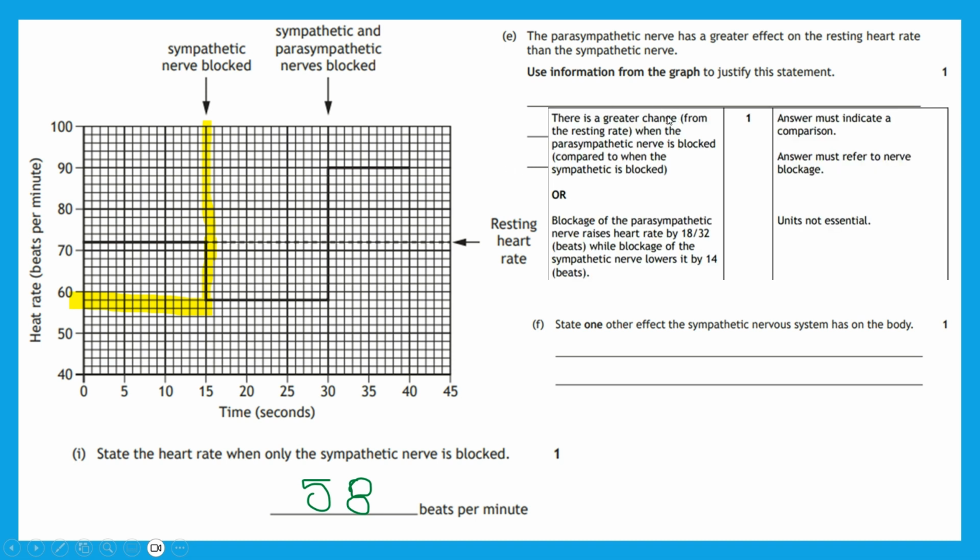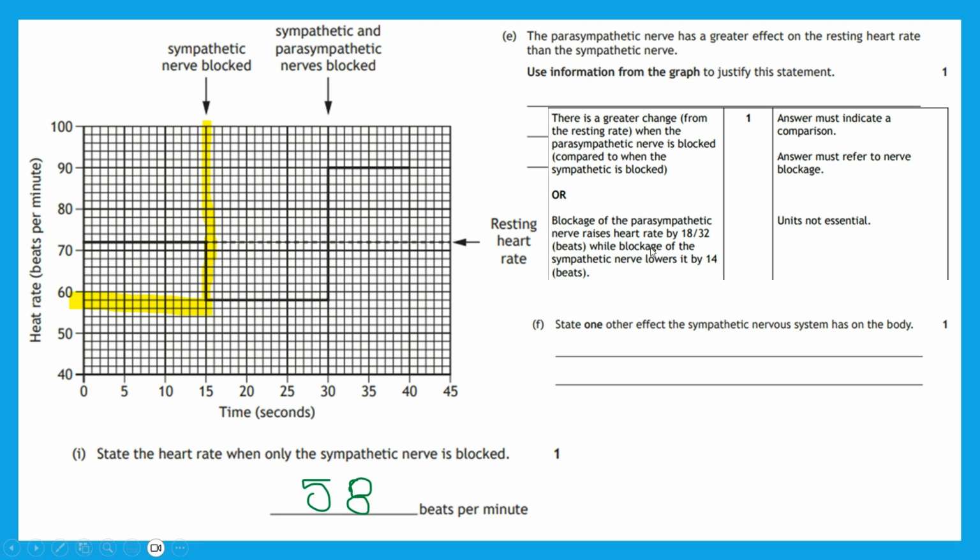So what we have to do is compare the two time points. So what's different about when just the sympathetic nerve is blocked versus both of them? So what we see, we've got a greater change from the resting heart rate. So it goes up more when the parasympathetic nerve is also blocked.